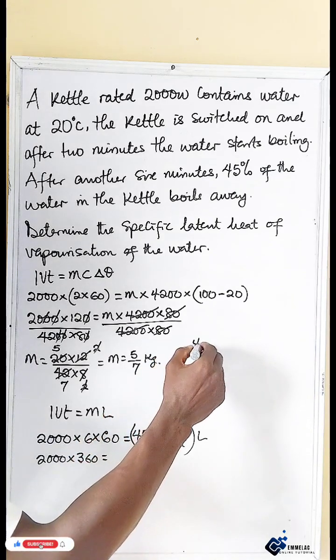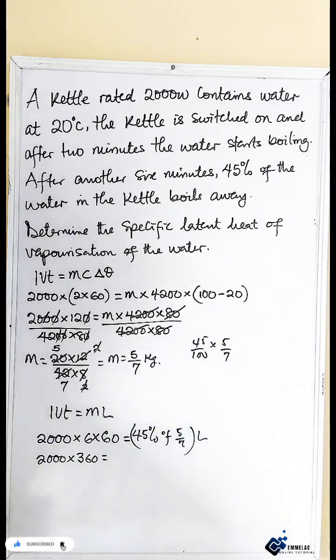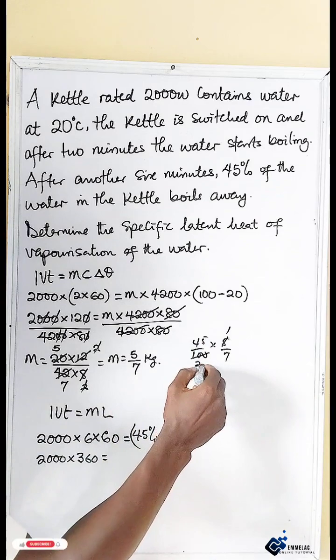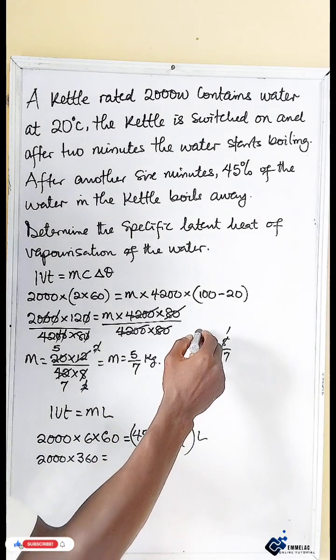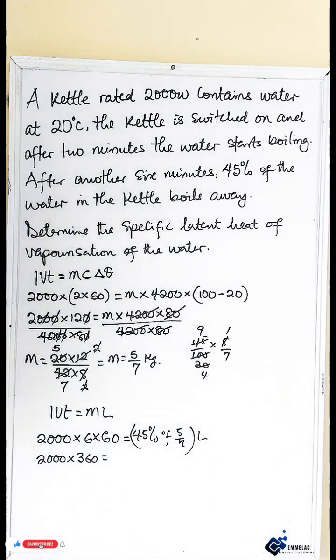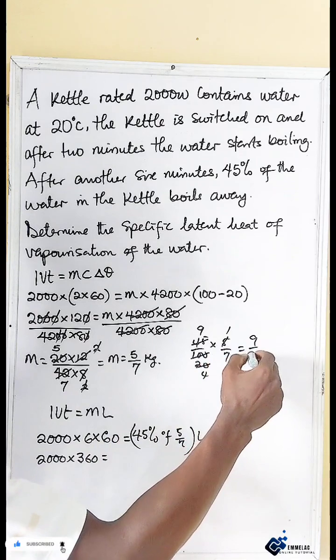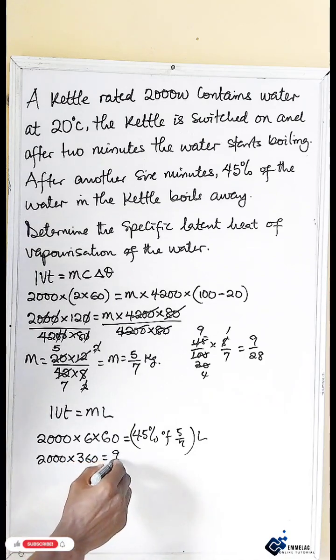This is 45 over 100 times 5 over 7. Now 5 here 1, 5 here is 20, 5 here 4, then 5 here 9. So we end up having 9 over 28. So to this end we now have 9 over 28 L.